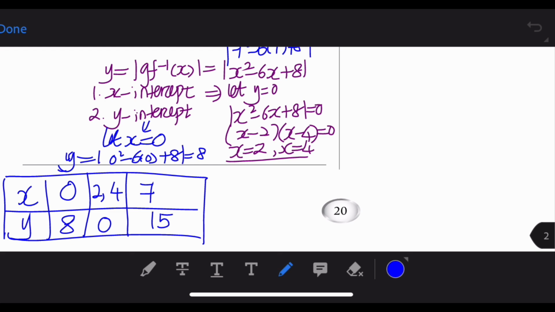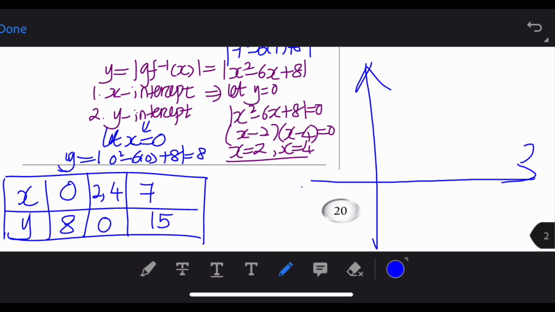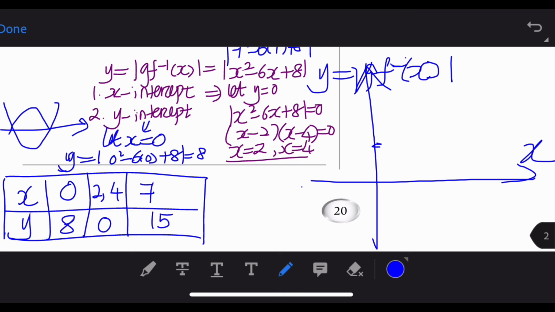So basically you can see that all the x are on the right hand side, right? We always use a ruler. The function is y equals the modulus of the function. When x is 0 we have 8, right? When we draw the quadratic function, we have a U shape, but this part you have to make modulus, right?